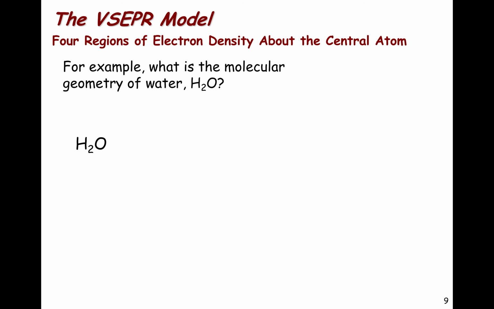We can take this a little bit further and look at a molecule such as water. In this particular case, the Lewis dot structure has the structure shown here, where there are 2 bonds between the oxygen and the 2 different hydrogens, but now we have 2 lone pairs.